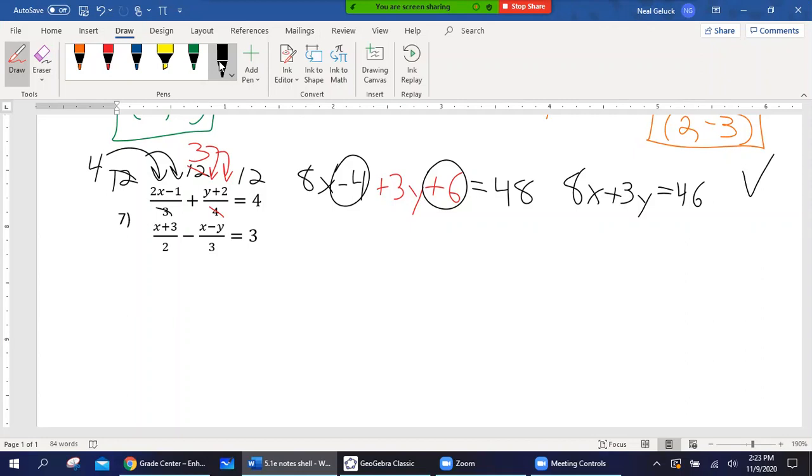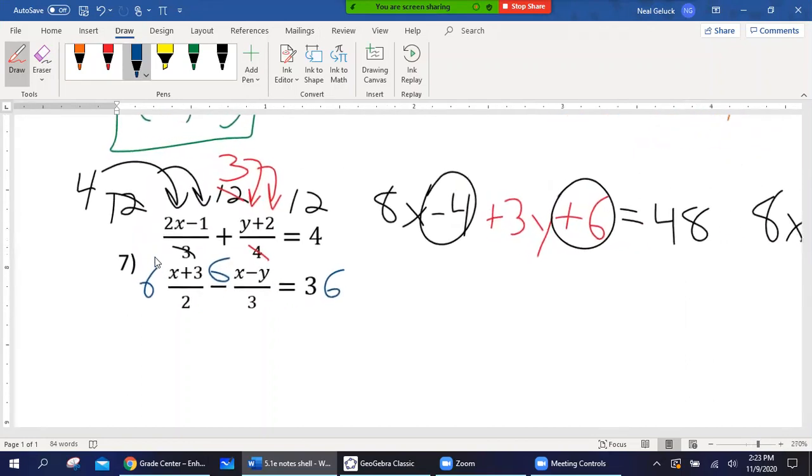For my second one, I'm going to multiply by 6, because that's my least common denominator of 2 and 3. So I'm going to multiply by a 6 on all this. Actually, let's zoom this in so we can see a little better of what I'm doing.